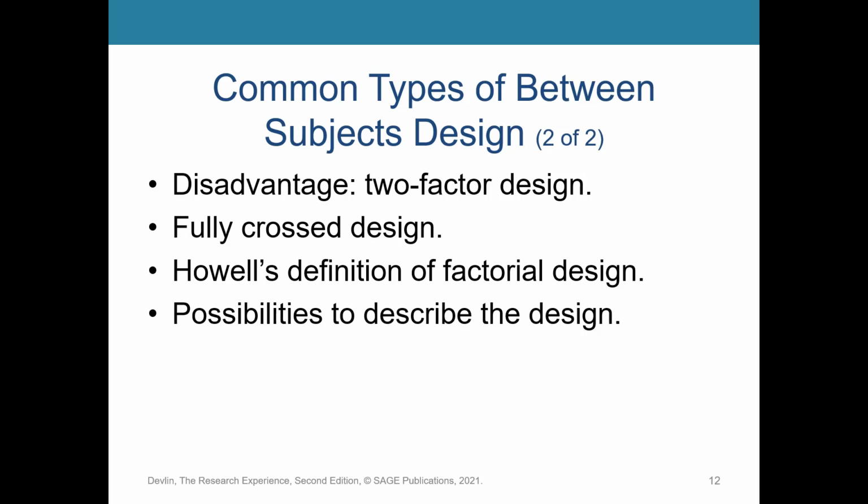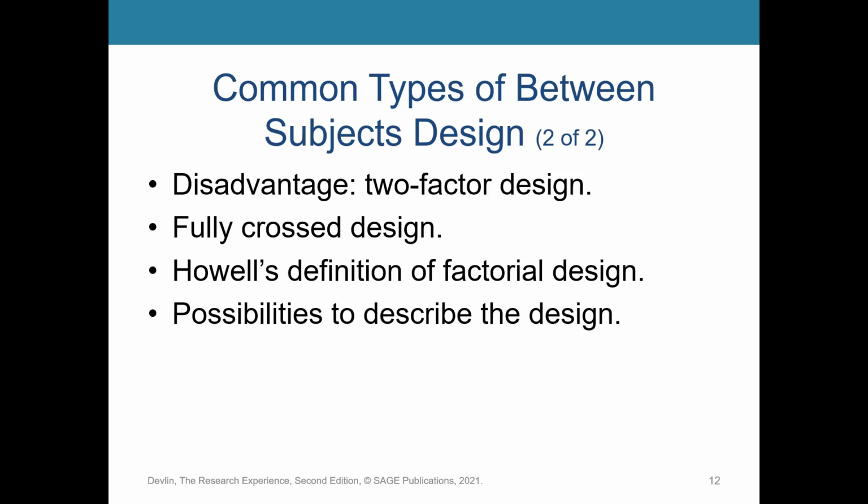Now, the disadvantage of two-factor designs is it requires more participants than a one-factor design because you're introducing more conditions or more levels. And they're usually more challenging to conduct because you're juggling more people and getting more participants. A fully crossed design is a research design where all possible combinations of the levels of the independent variables are represented.